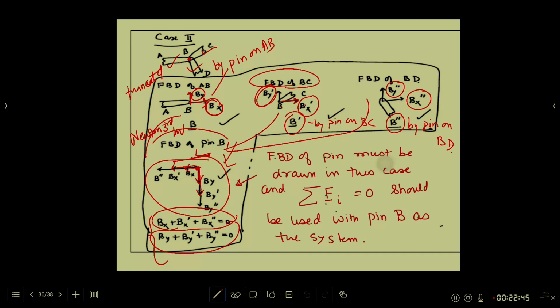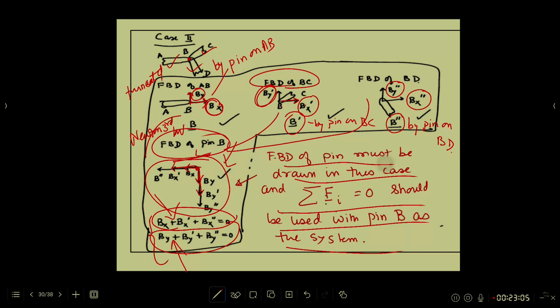Okay, FBD of pin must be drawn in this case, and summation of Fi should be used with pin B as the system in two directions. If it is a 3D frame, in all three directions. I am considering it to be a 2D frame.